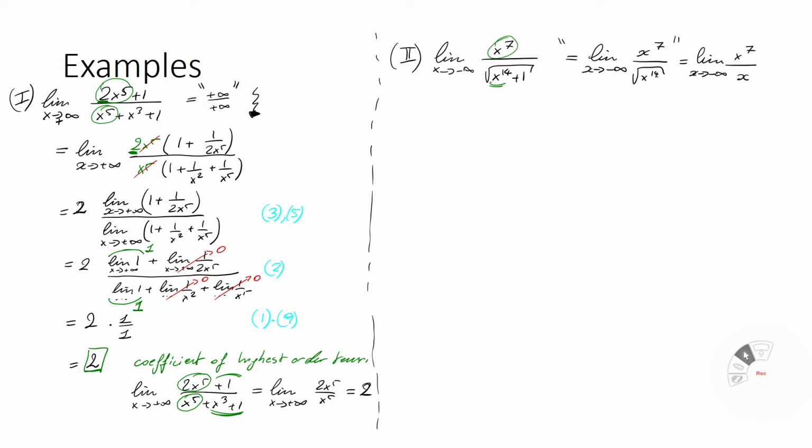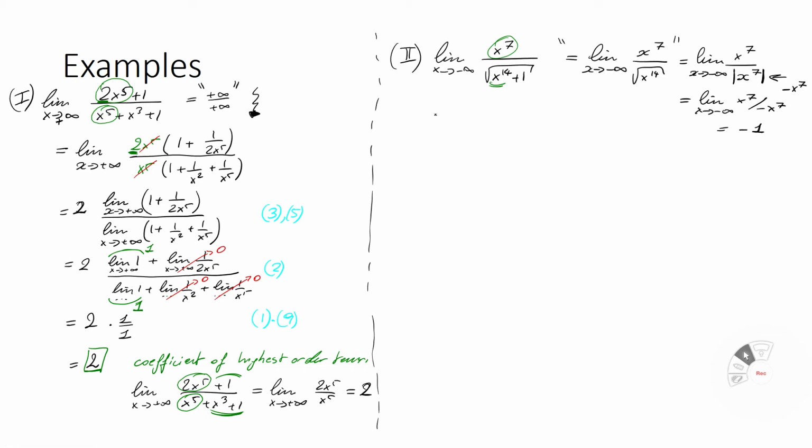So if we take the square root of x to the 14, that's x to the power 7, but with an absolute value sign. And then if you simplify that a little bit more, that absolute value becomes minus x to the power 7, and you get x to the 7 divided by minus x to the 7, and the limit becomes minus 1.